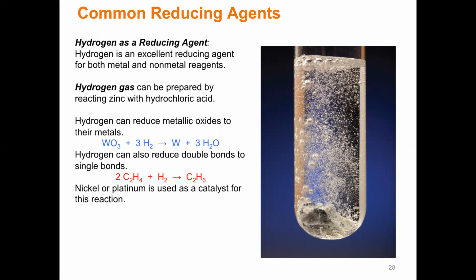But again, now you're dealing with hydrochloric acid. Anyhow, hydrogen can reduce these metallic oxides back to their metals. And in order to facilitate this, you can also use a catalyst. We're going to talk about catalysts in a sec. But again, hydrogen as a reducing agent.